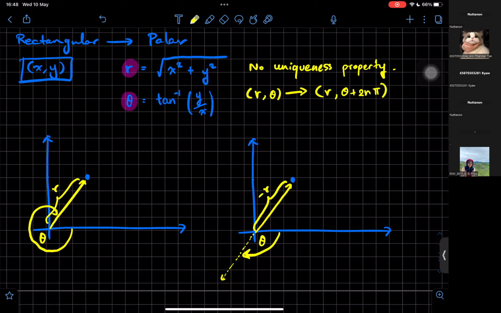Okay, n will be the integer. Okay, or you can have the minus r, theta plus (2n plus 1) pi. Okay, this is also the family of this point. Okay, n is the integer.